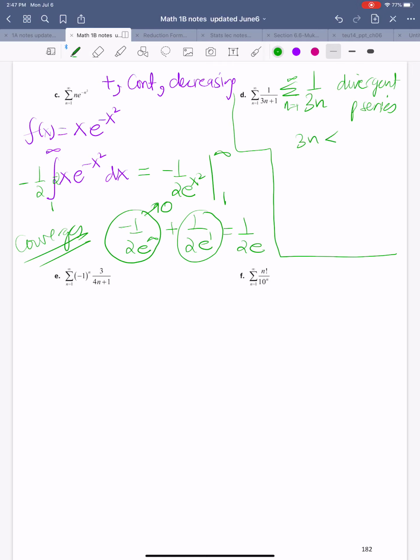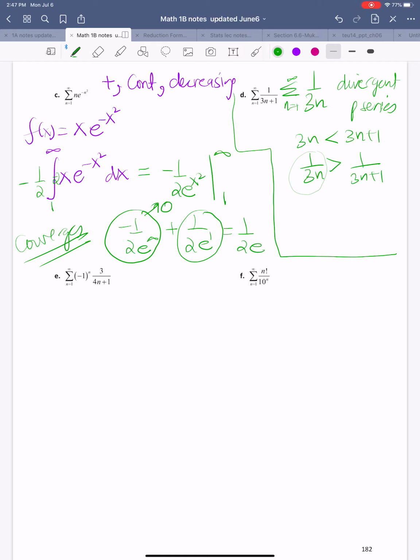And 3n is less than 3n plus 1, so 1 over 3n would be greater than 1 over (3n plus 1). So the bigger series diverges. If the bigger series diverges, can we say something about the smaller series?